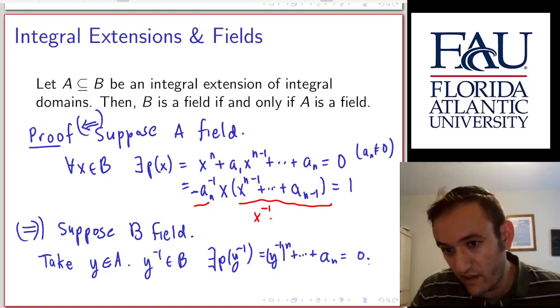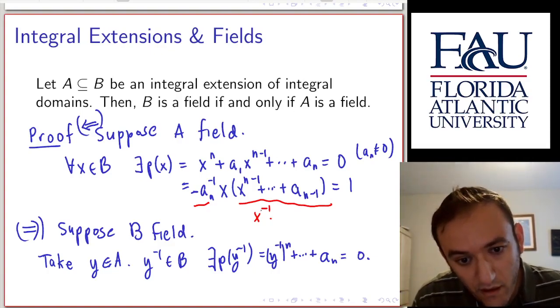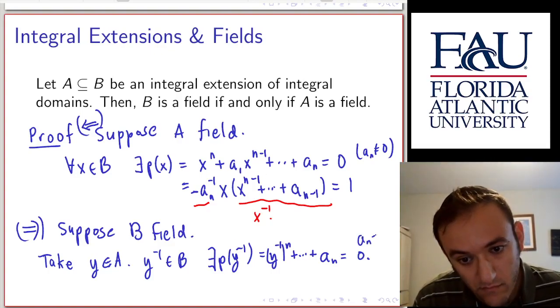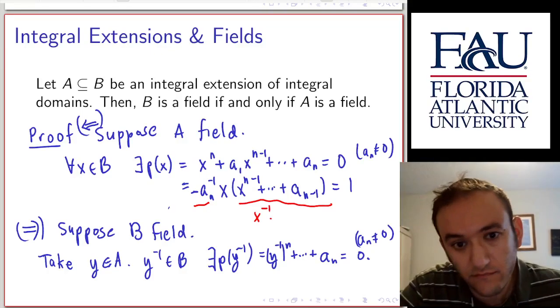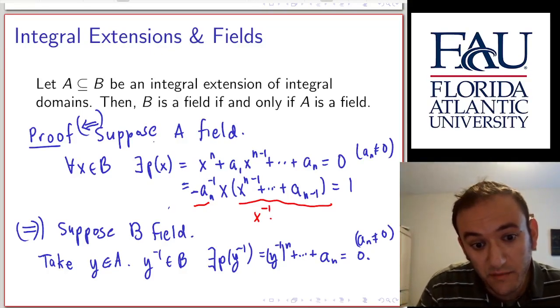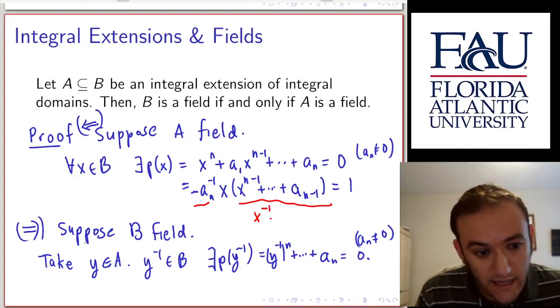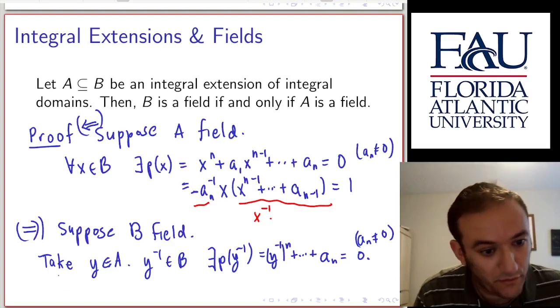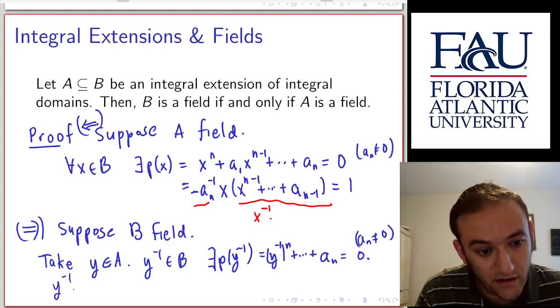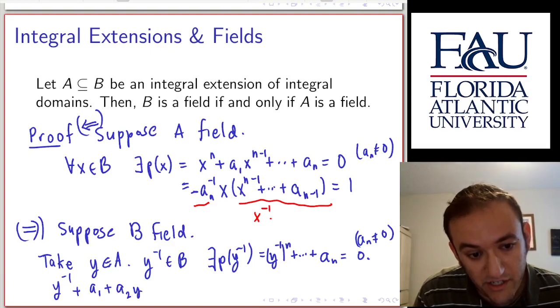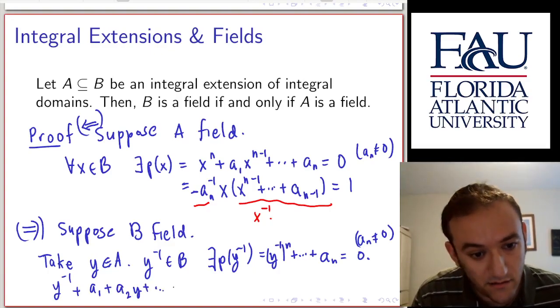By the same reasoning as above, an is not going to be equal to 0. So we multiply everything through by y to the n minus 1, right? So we're left with a single y inverse here, and then the rest of the expression is just expressions in y and the coefficients.